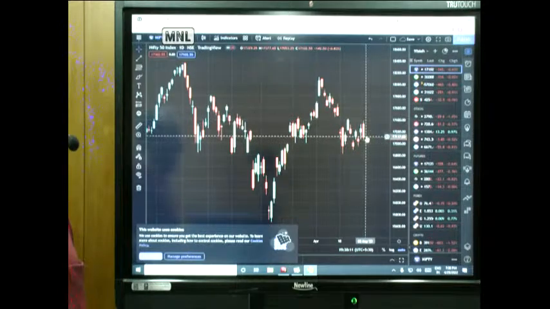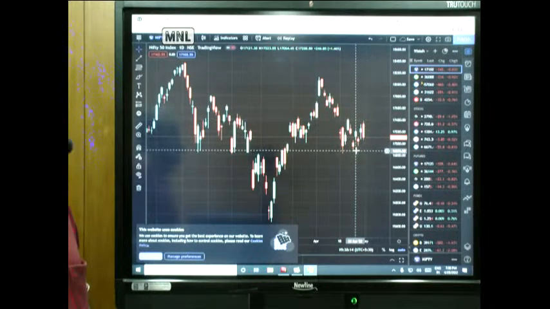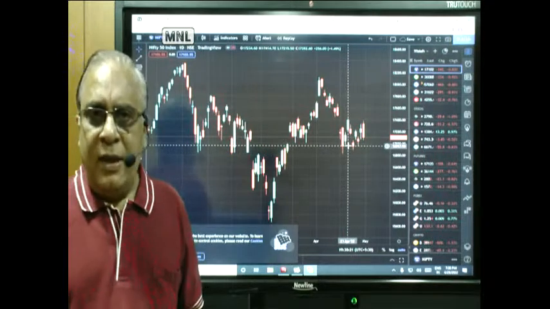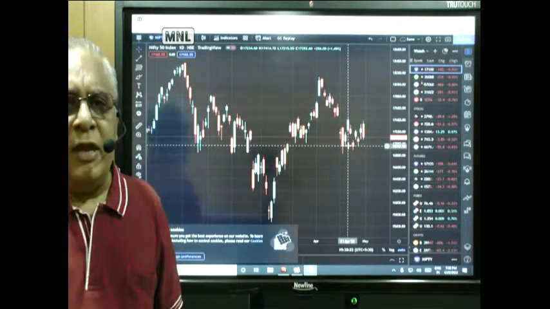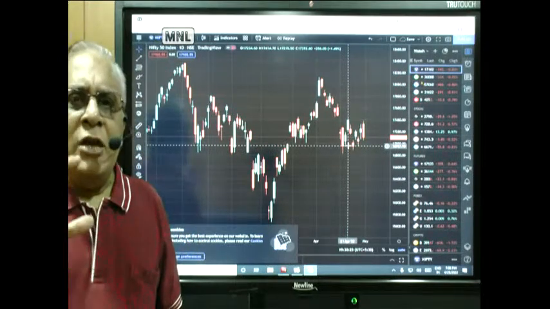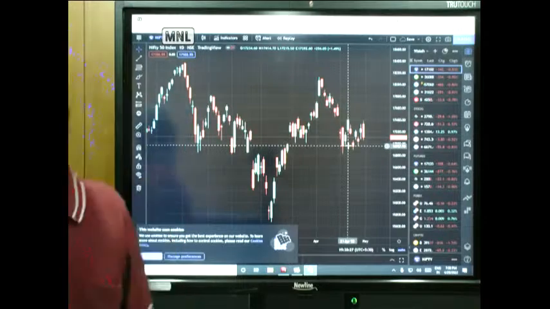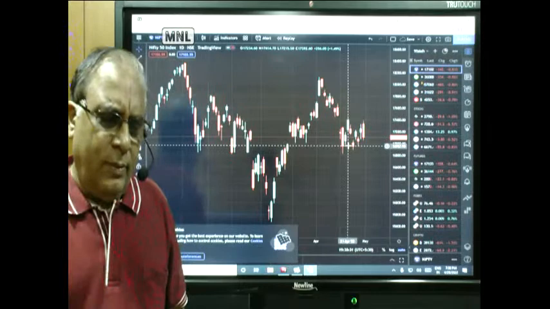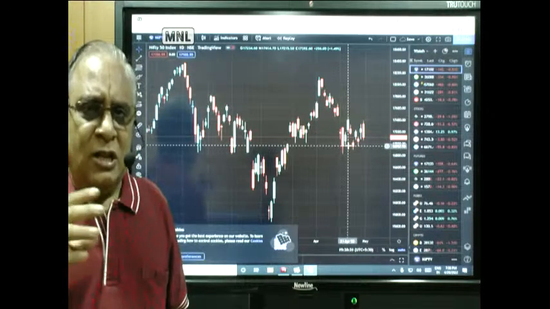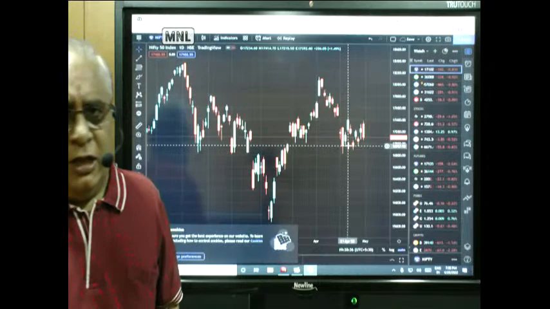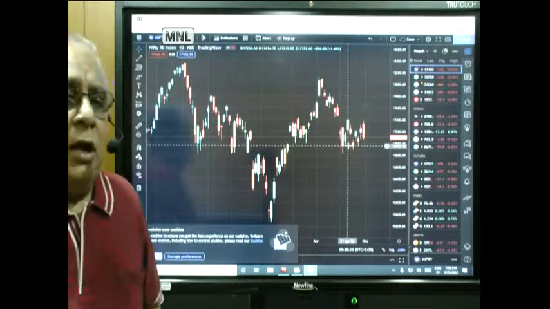Now assuming the price is going to fall straight away from here, by around 21st of May, or very close to our option expiry, the price high to low could be 16.4 to 17.4. That is what the option price tells us. It could be slightly more, but it could be around 16.3, 16.4 on the lower side and 17.4 on the upside. So this is what the option price tells us.